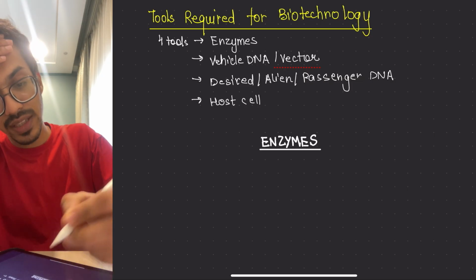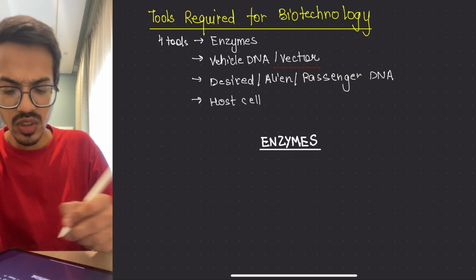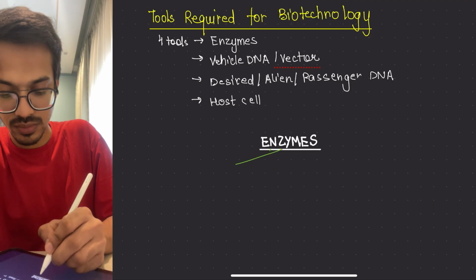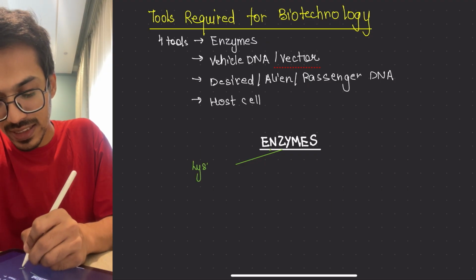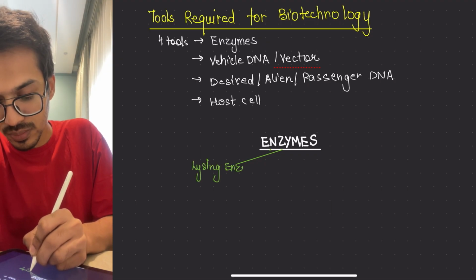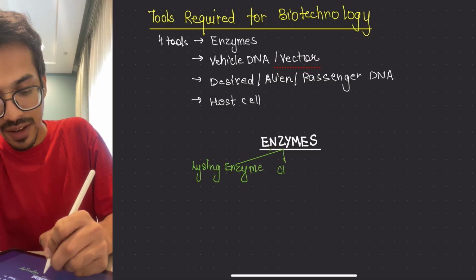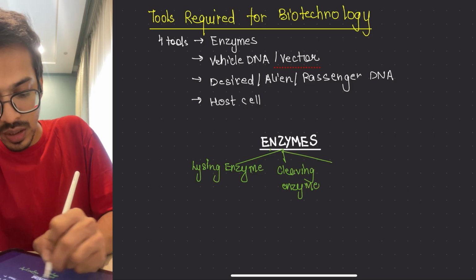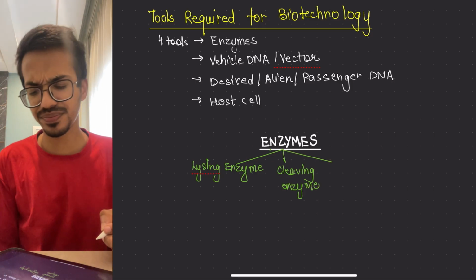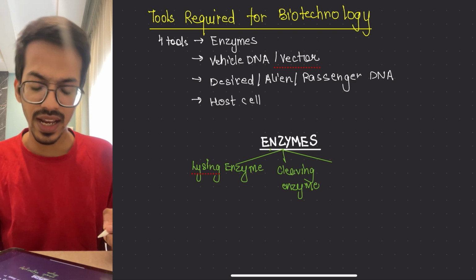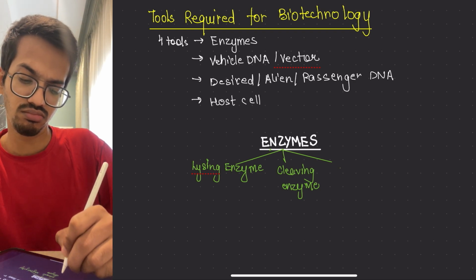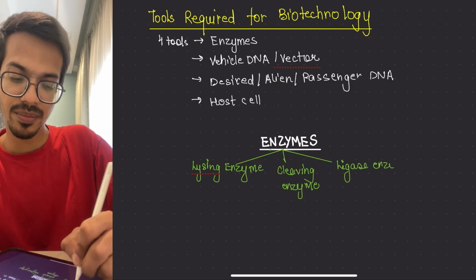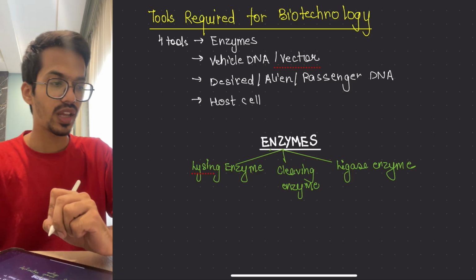Now there are 4 enzymes that we're going to be studying. What are these 4 enzymes? The 4 enzymes are as such: lysing enzyme, cleaving enzyme, ligase enzyme, and one more we needed.